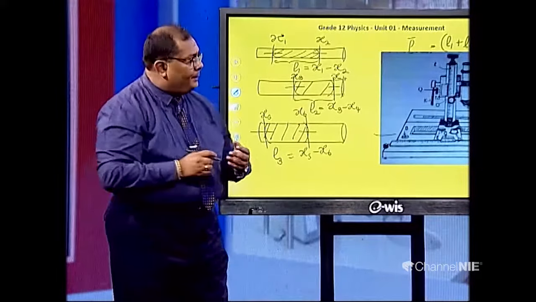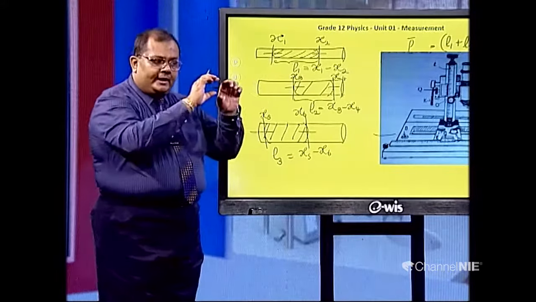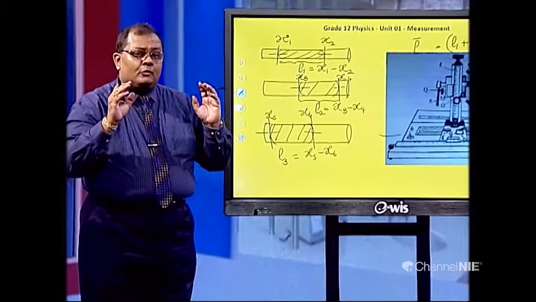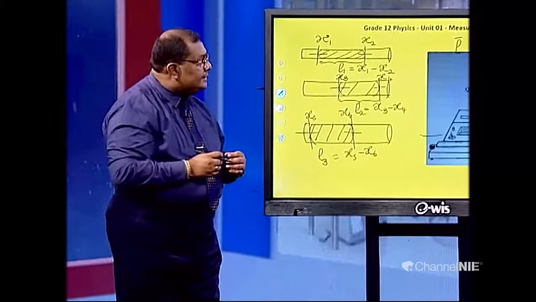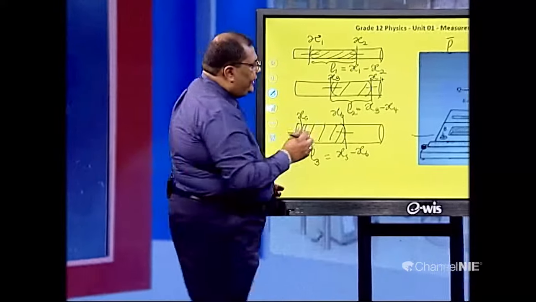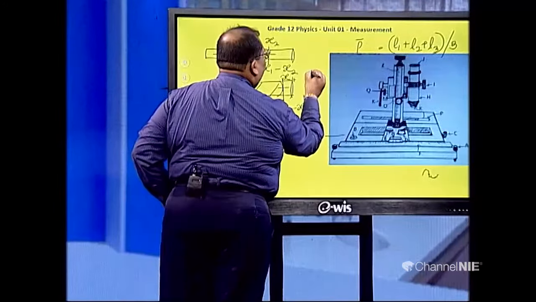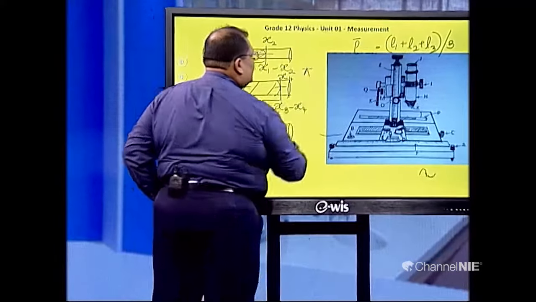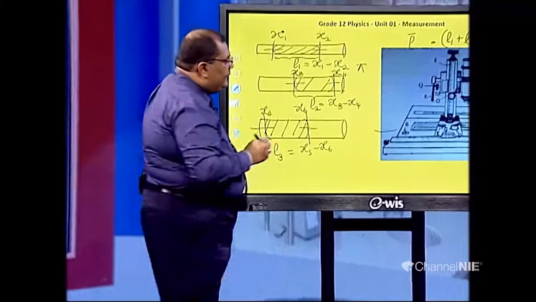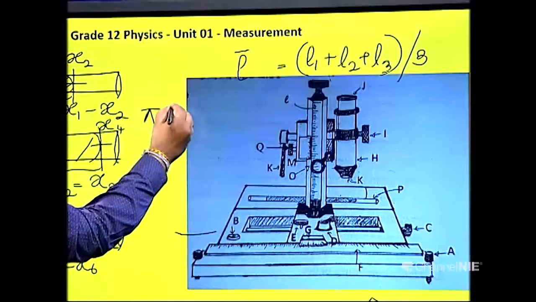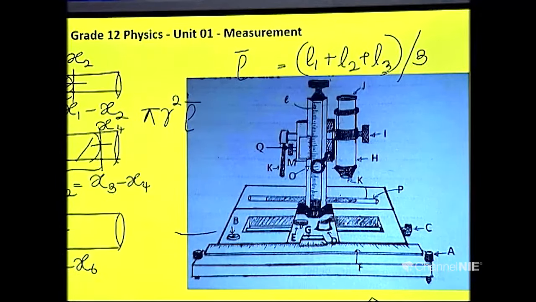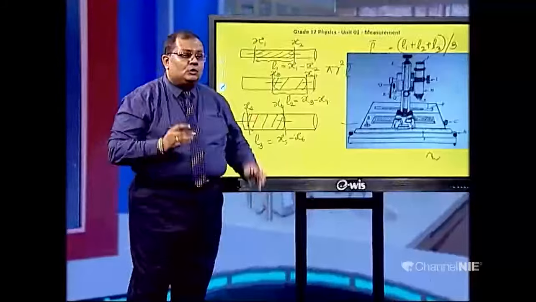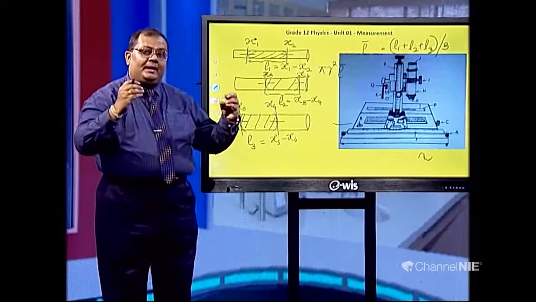And you know, πr squared into length means the volume of the mercury pellet. It's a cylindrical mercury pellet. Then π is 22 upon 7, so πr squared into average length is equal to the volume of this mercury pellet.